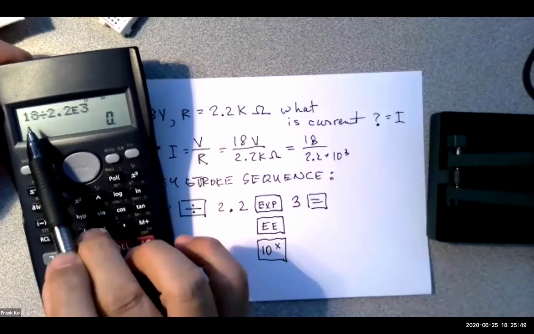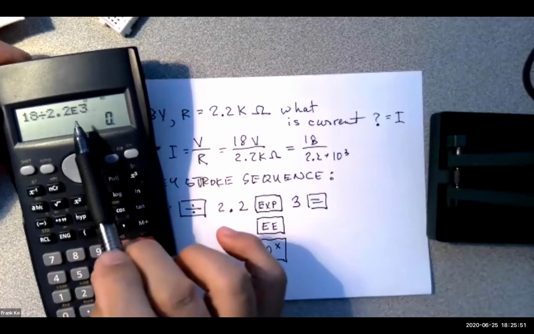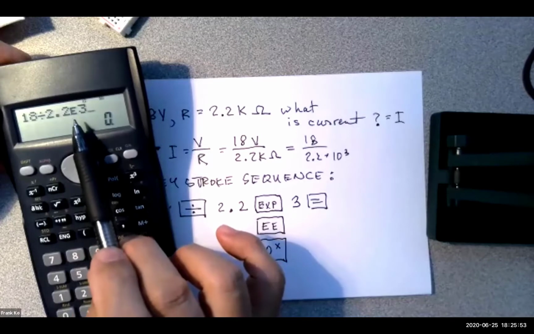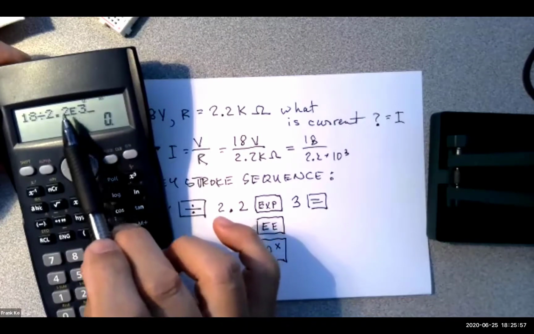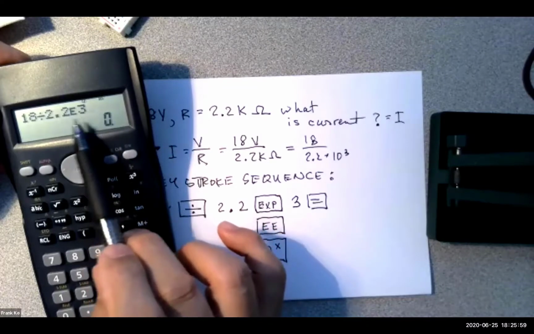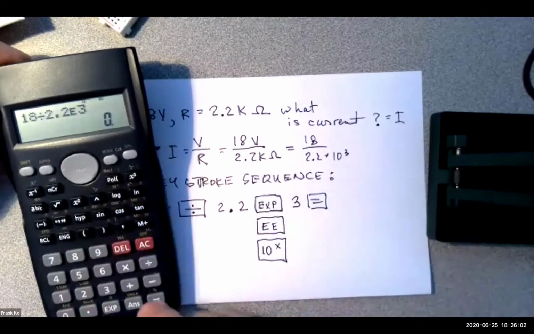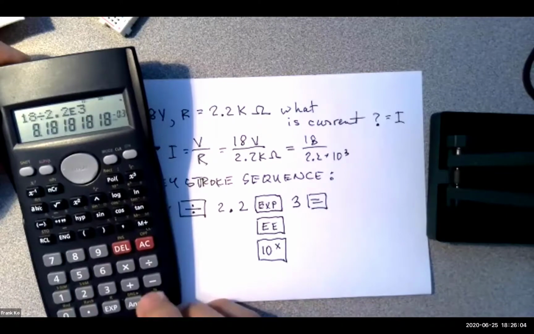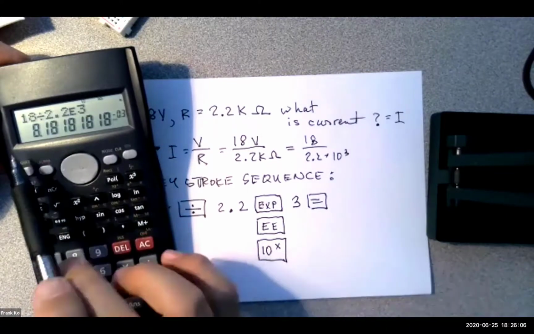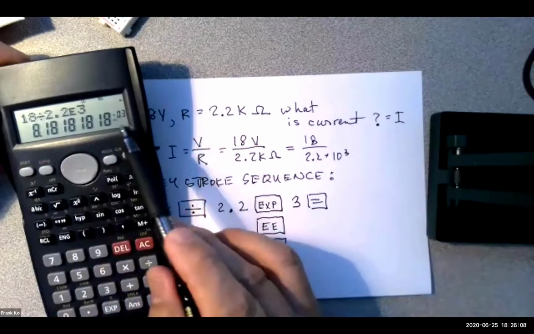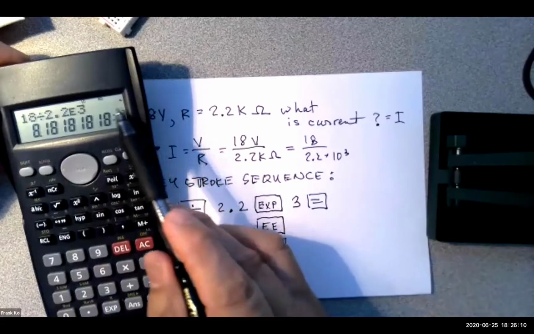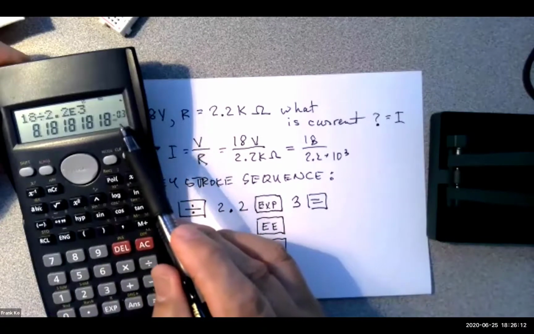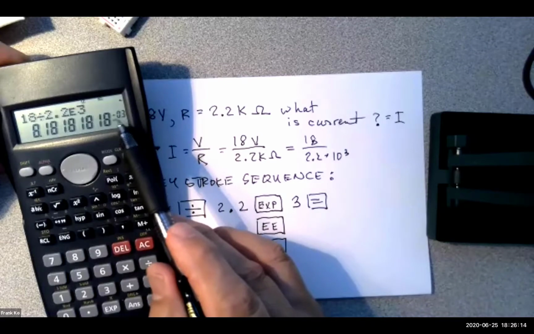They all work similarly. 18 divided by 2.2, you better see some designation, a 10x something or an E something, 3. Without the kilo quantity in here, the answer is going to be erroneous. So we're going to hit equals. And guess what? This lands in an engineering prefix on the right-hand side, which tells you what it is. You should be able to see that this is a -3.